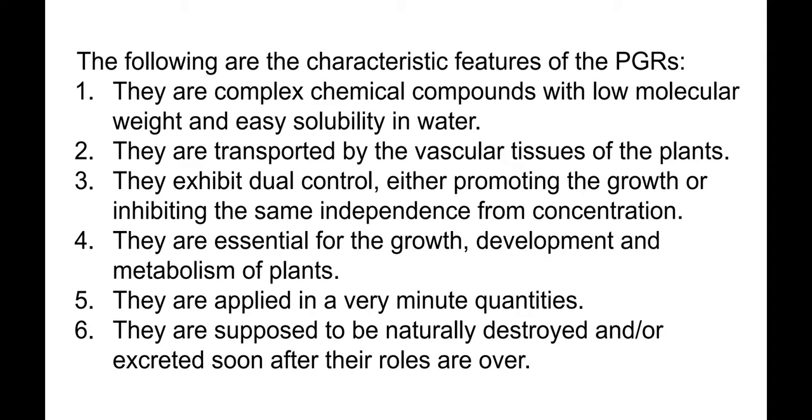Okay, they're essential for growth, development, and metabolism of plants, and they are applied, as I said, in minute quantities, mostly by spray, and they are supposed to be naturally destroyed or excreted soon after their roles are over. But again, they are supposed to be, but it does not always happen.